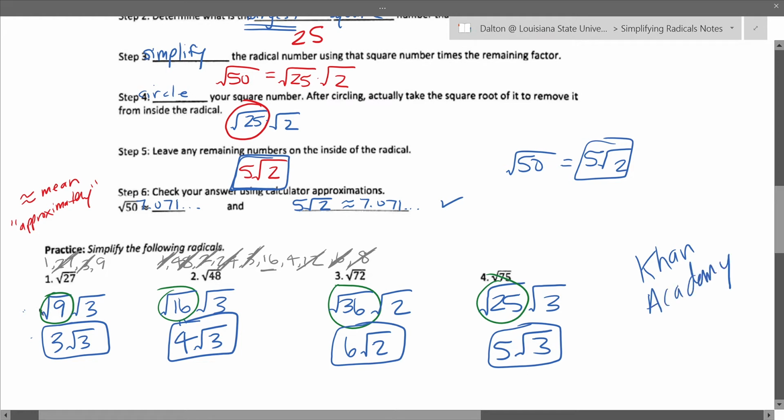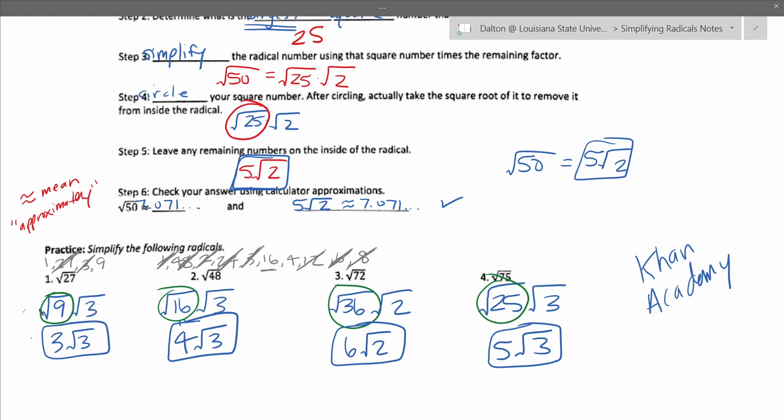And just go listen to somebody else explain how to do it. There are other ways that you could approach simplifying square roots. This one I found has worked the best in the past. But maybe hearing somebody else say things a little bit differently will help you understand a little bit more. But hopefully this gave you a pretty good understanding, and moving forward you're comfortable with simplifying radicals.